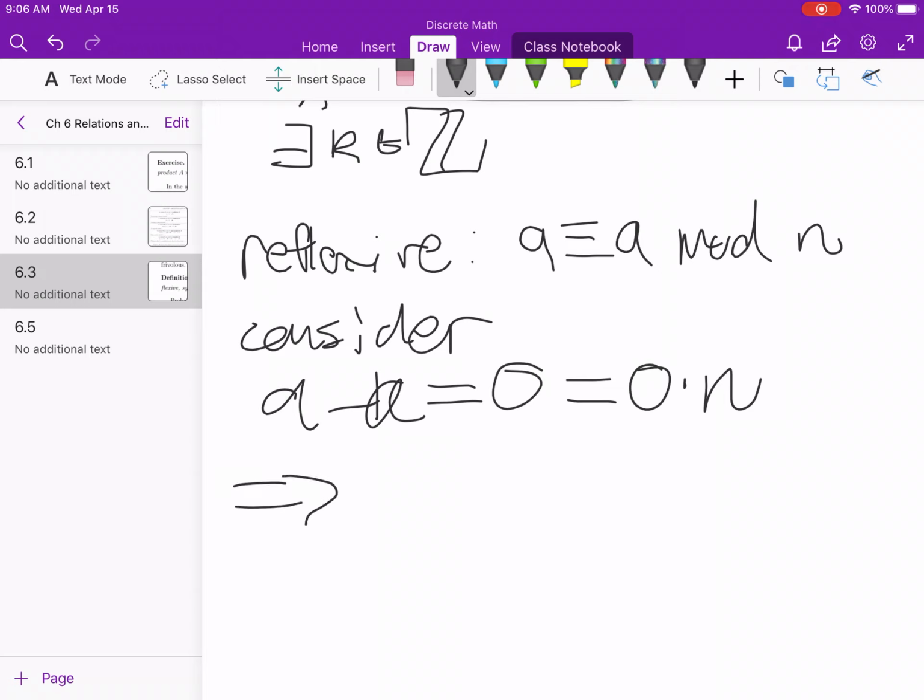So that implies that A is in fact congruent to itself, mod n.